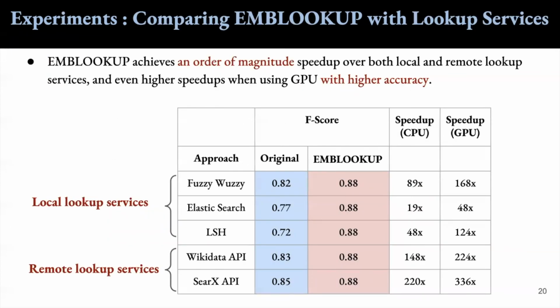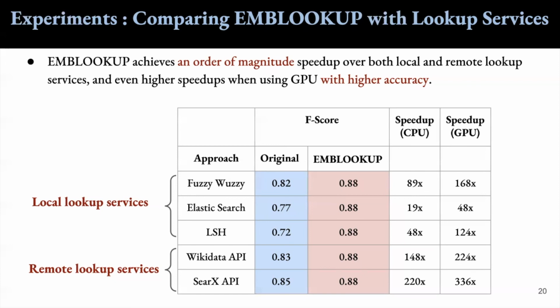In this experiment, we compare mLookup with different remote and local services. We compare mLookup with different approaches that are widely used in semantic annotation tasks. Here, I'm showing a small set of these examples, and the remaining can be found in the paper. Both mLookup and the baselines are provided with the same set of queries and retrieve the top 10 relevant entities.